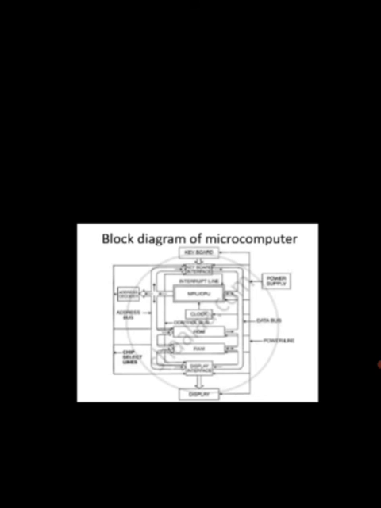The speed of the system depends on the clock frequency. You can see that the clock, that means pulses, is given to the MPU, the microprocessor. You can refer to this block diagram and see that the clock is given to the MPU. So the speed of the system depends on the clock frequency.